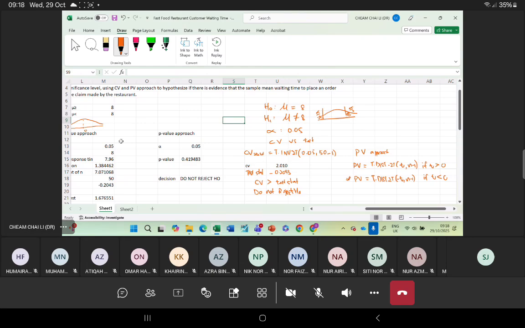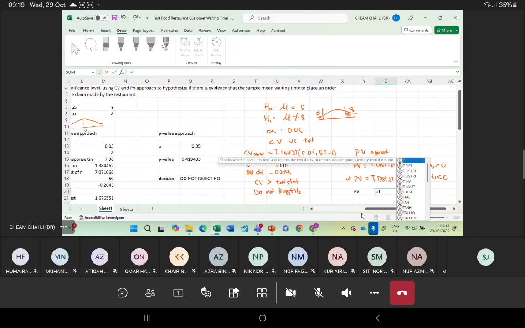Okay. For the test statistic, kita dah done. We have done this. So kita calculate yang p-value. So to get this p-value, kita guna function yang kedua, t dot dist to tail, right? For this to tail, you key in negative, and then masukkan this value, you ambil value yang ada dekat masa kita buat contoh yang kedua, right?